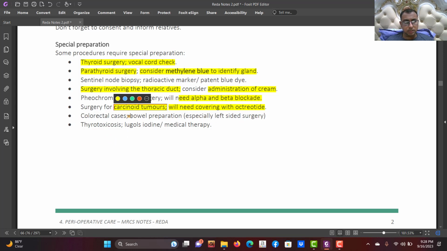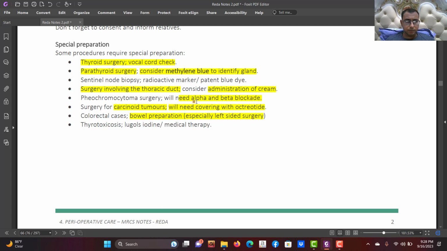In colorectal surgery, bowel preparation is usually done in case of the left side, and in case of the right side we usually don't do bowel preparation, but it is a very good practice to have better bowel preparation, because after bowel preparation the loops of bowel, small and large intestine, become collapsed, so there is a very good chance of anastomosis and it reduces the chance of leakage in the postoperative period, so the healing will be good.